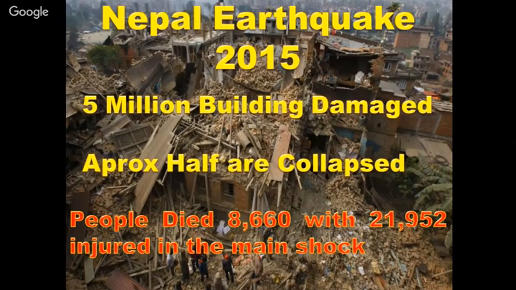After that, Nepal experienced many aftershocks also, and much damage was reported by many researchers, and much research has been done on the Nepal earthquake. So we have also studied the parameters and patterns of this earthquake, and we have compared our results with the parameters induced by the earthquake.